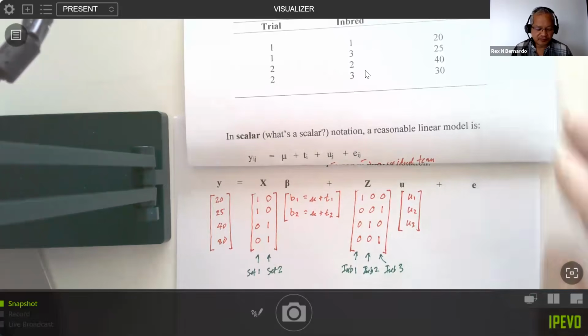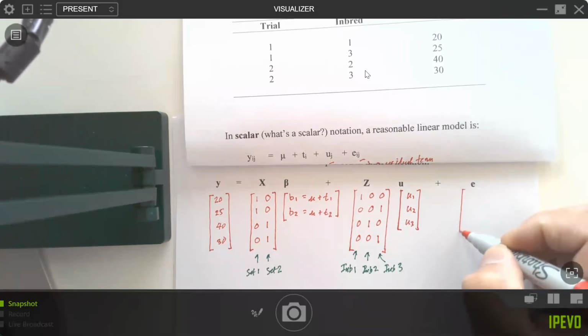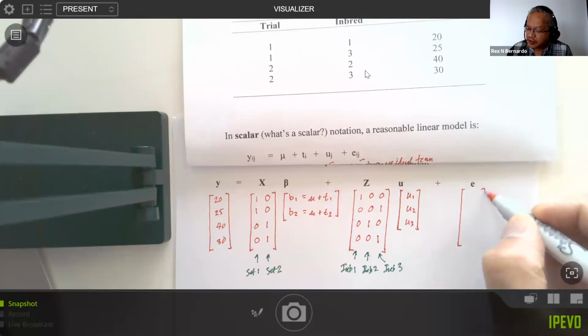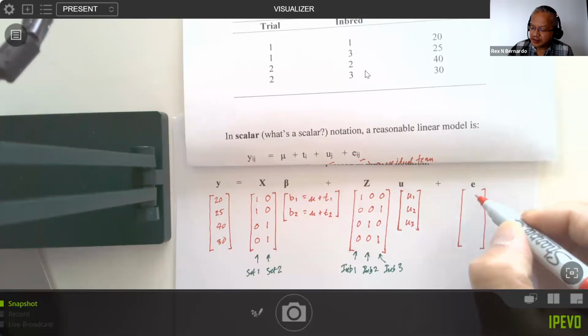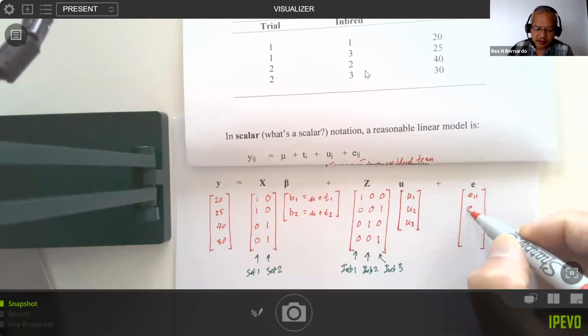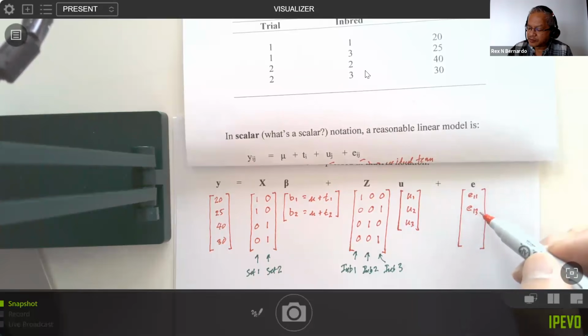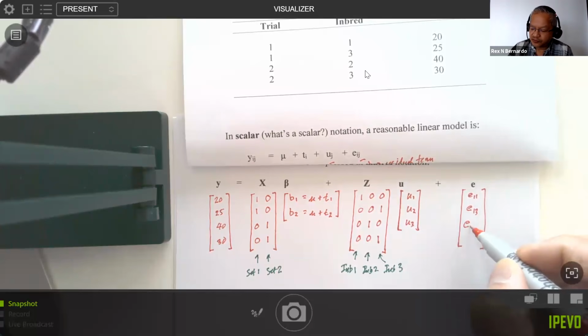Pretty simple so far. And then, just to complete it, we have our residual terms, and we will denote that as E11, E13, where the first subscript is for the set and the second subscript is for the inbred line, and then E22 and E23.